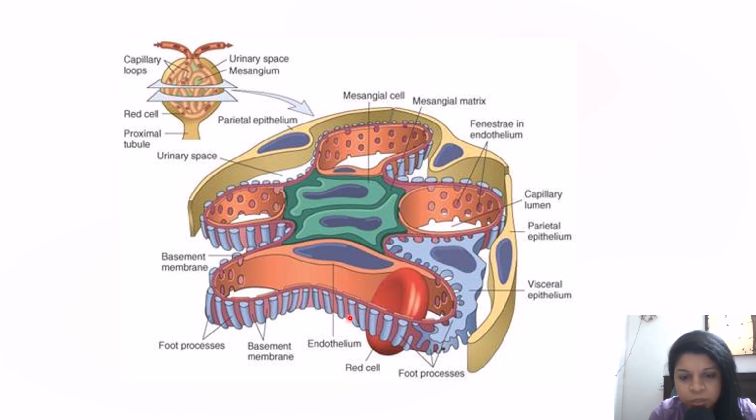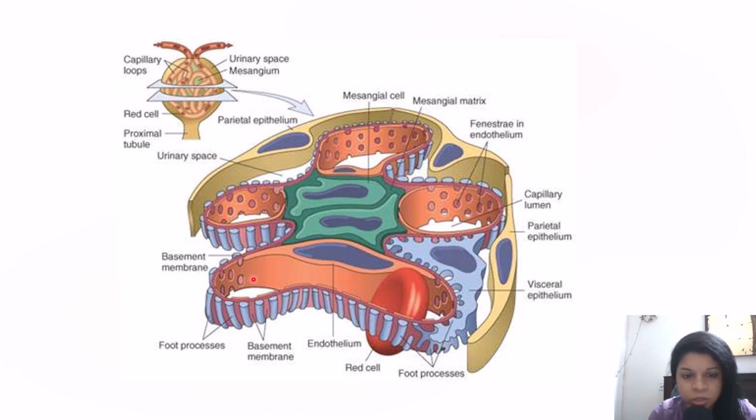Then there is this pink color you can see in between these blue processes, that is the basement membrane of the capillary, and then you have the visceral epithelium of the Bowman's capsule that has the podocytes. So the filtration barrier has three components: the vascular endothelium, the vascular basement membrane, and then the podocytes or foot processes of the visceral epithelium of the Bowman's capsule.